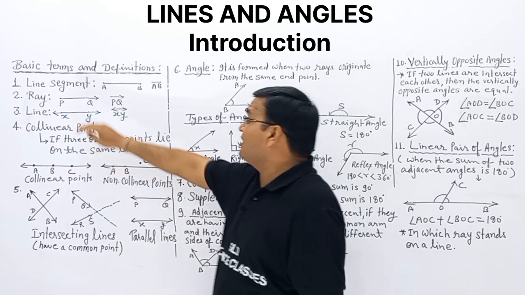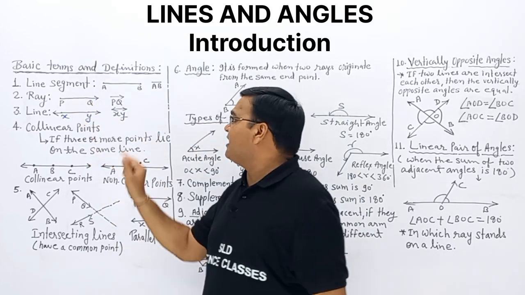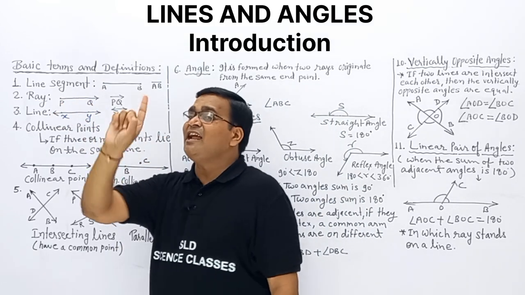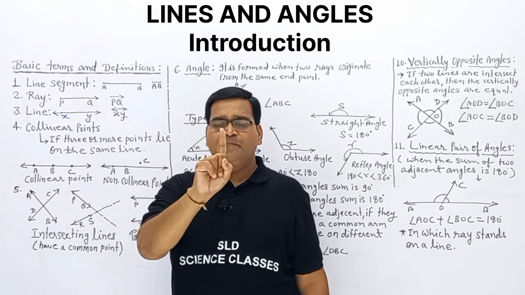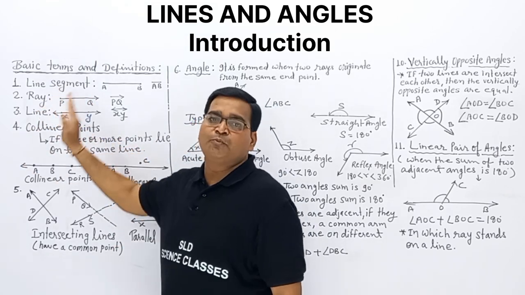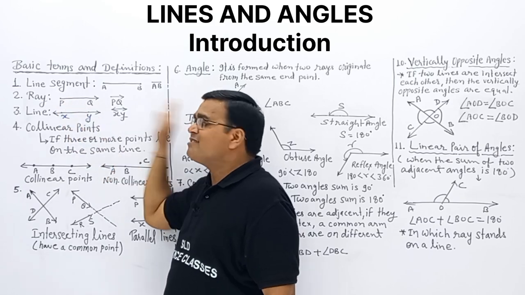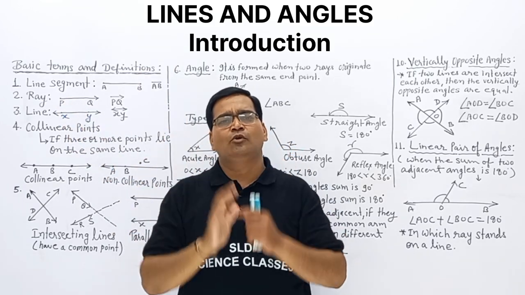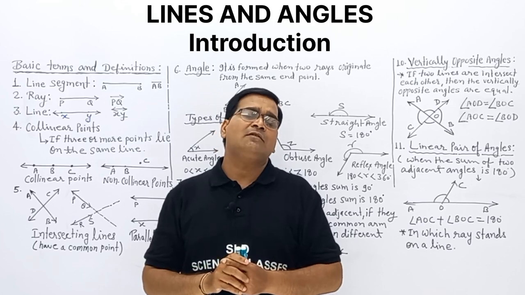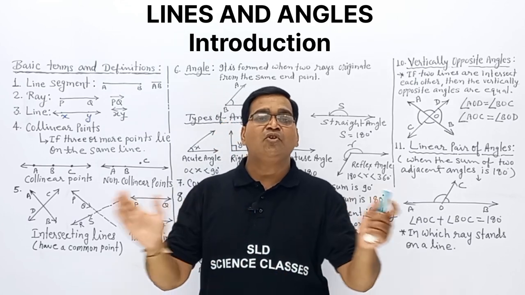In a ray, observe, we have one endpoint and only one endpoint. P is the endpoint, a fixed point. But towards the right we can go indefinitely. Its length is not fixed.